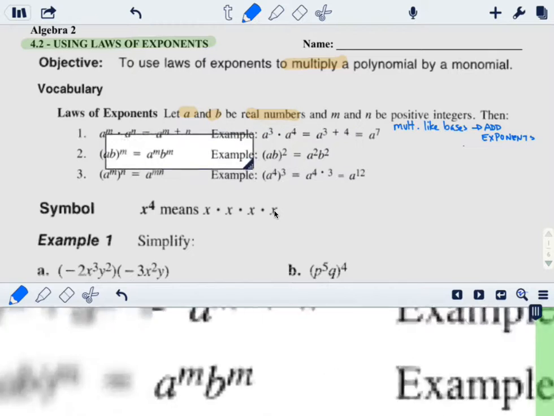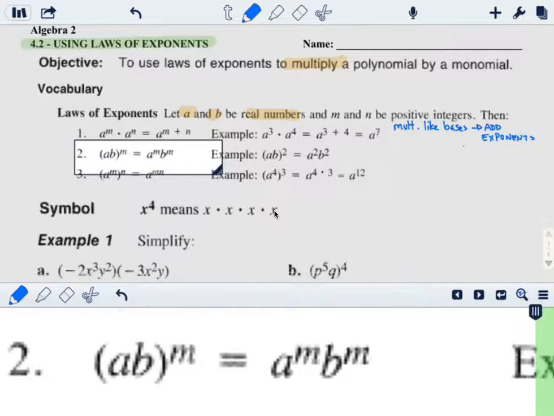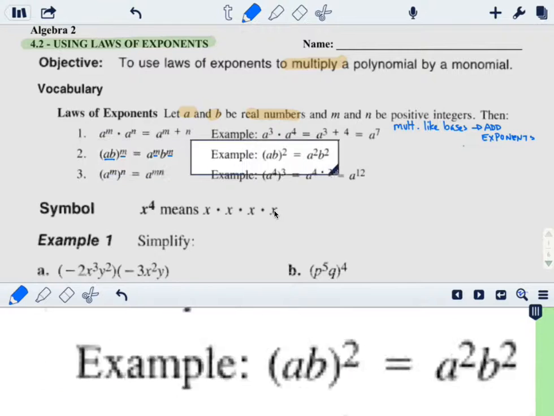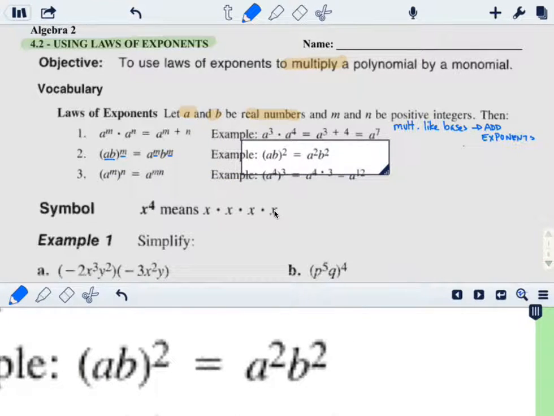The second rule is here. I have (ab) inside parentheses raised to an m, and then I have broken up both pieces, a and b, raised to an m. Here is an example: (ab) squared, I end up with a squared, b squared.